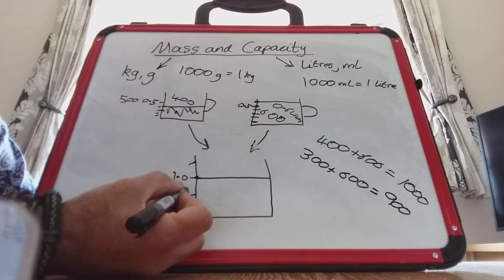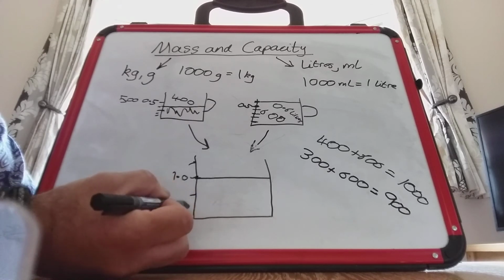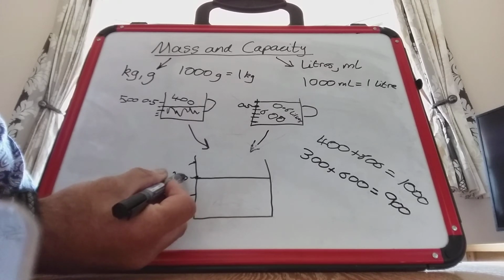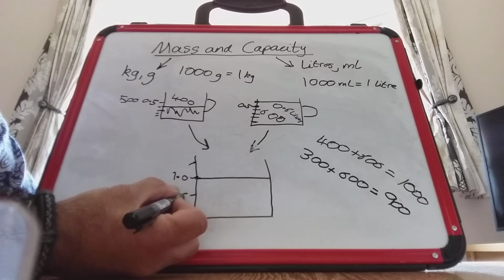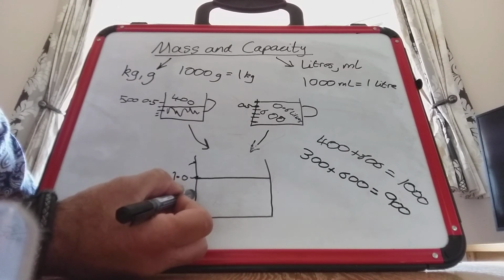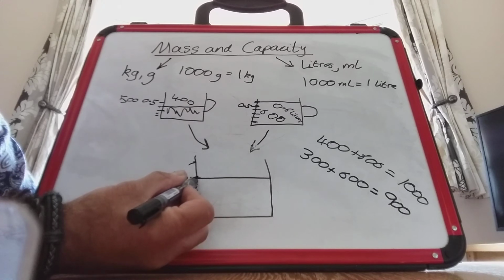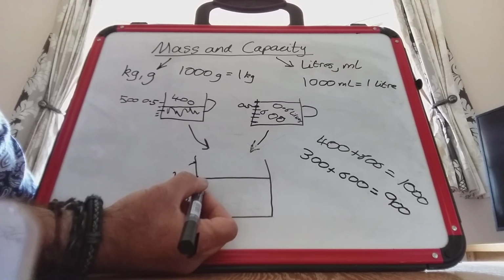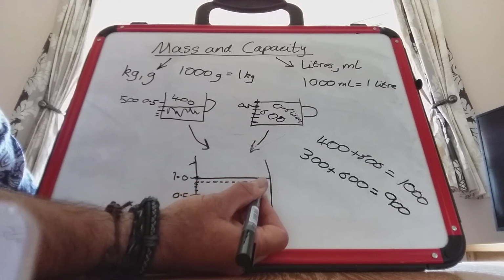Now this makes it much more difficult, because if you have to put a line, this point here is 1 litre. This is 0.5 litres just down here. So if we convert that into millilitres, that's 500, 600, 700, 800, 900. So 900 would be where the dotted line is.